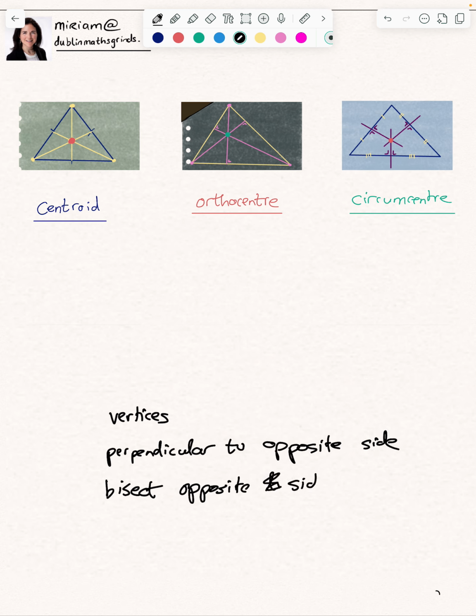Okay, so for the centroid, the lines that intersect to give the centroid pass through a vertex and bisect the opposite side. You see it there, you have equal pieces on either side. For the orthocentre, they also pass through the vertex, but they meet the other side at a right angle.